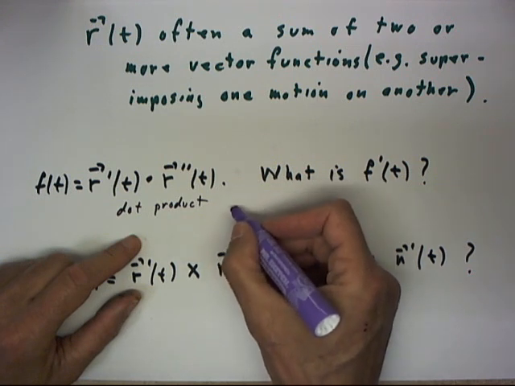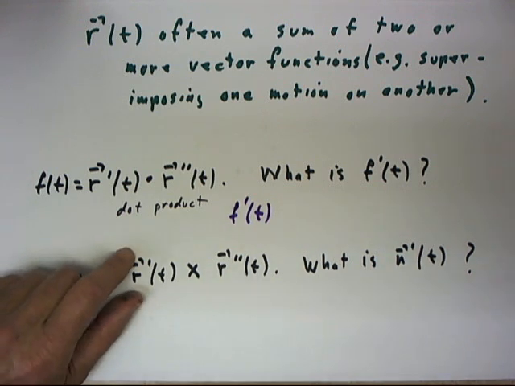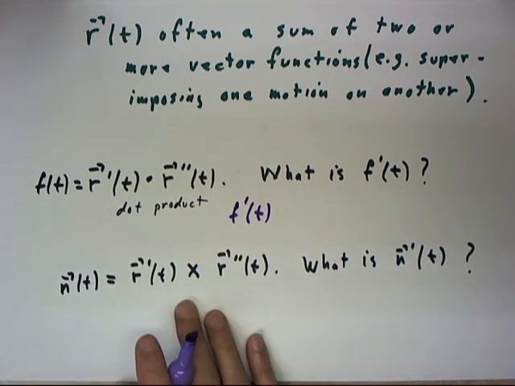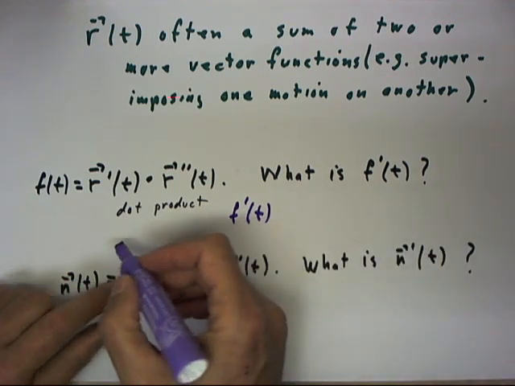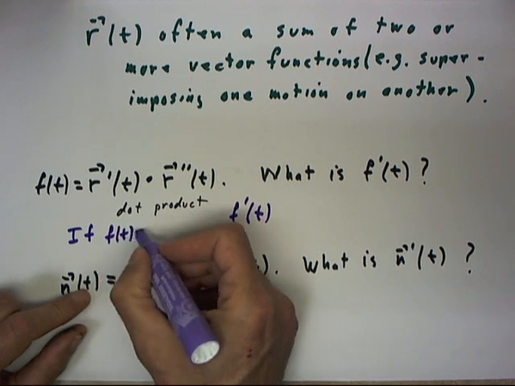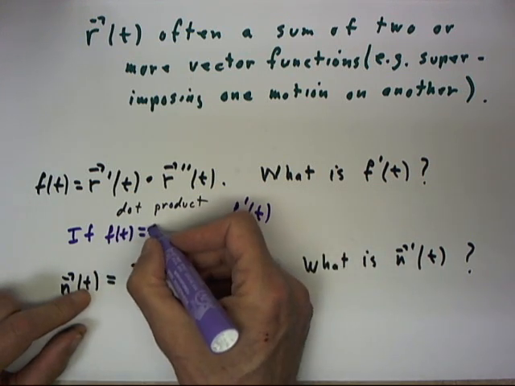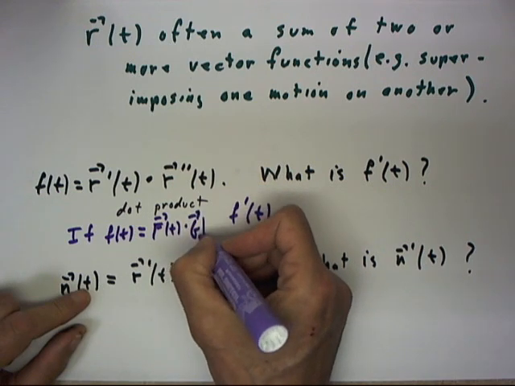in this case, f prime of t, I've just kind of got myself in a corner here. Okay. Let's say that f of t equals F of t dot G of t.